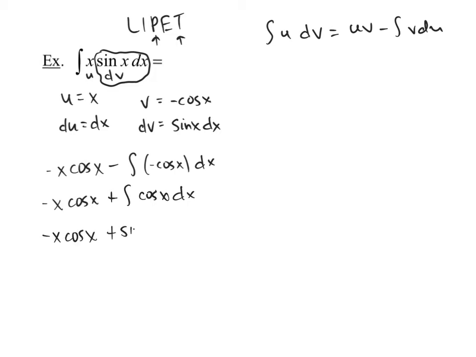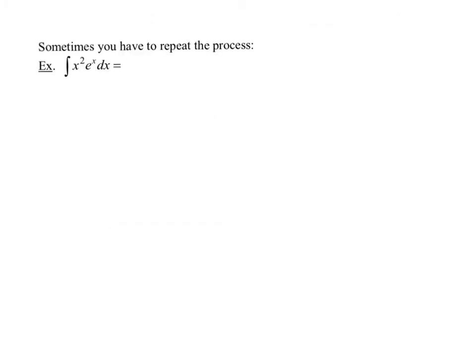It's sine x, so I'll replace the integral of cosine x with sine x, and then don't forget the plus C. So I chose my u. That means everything else was dv. Find the derivative of u to get your du. Find v by taking the antiderivative of your dv, and then just use the formula, and that's pretty much the whole story there.